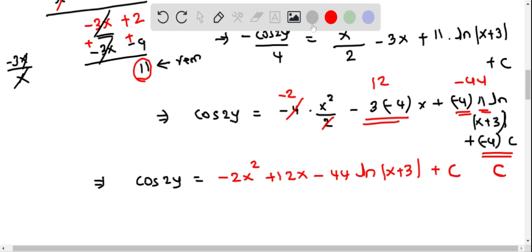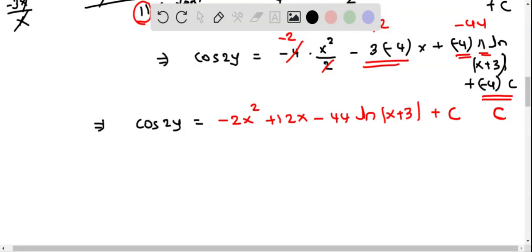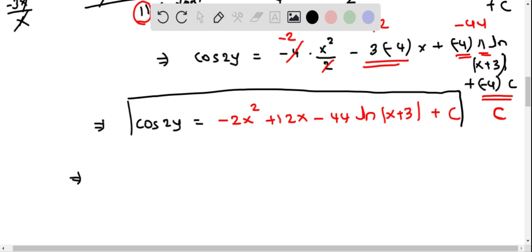We could leave our answer in this form, or in fact we can take the cos inverse and then solve only for y. So this could also be considered as an answer.